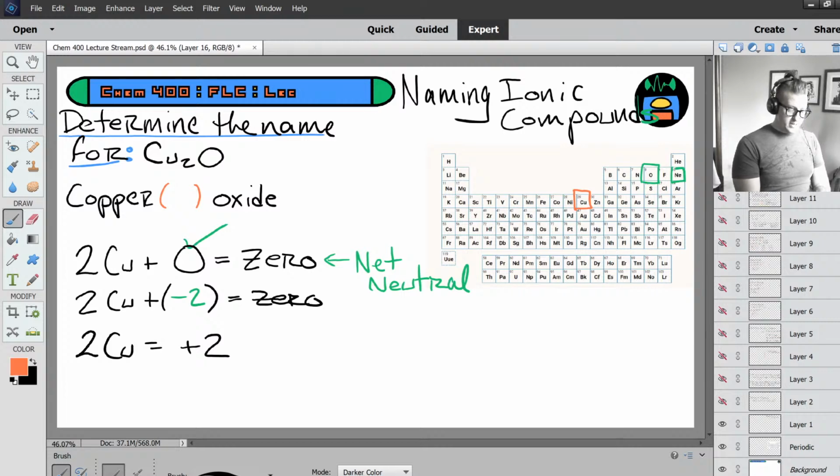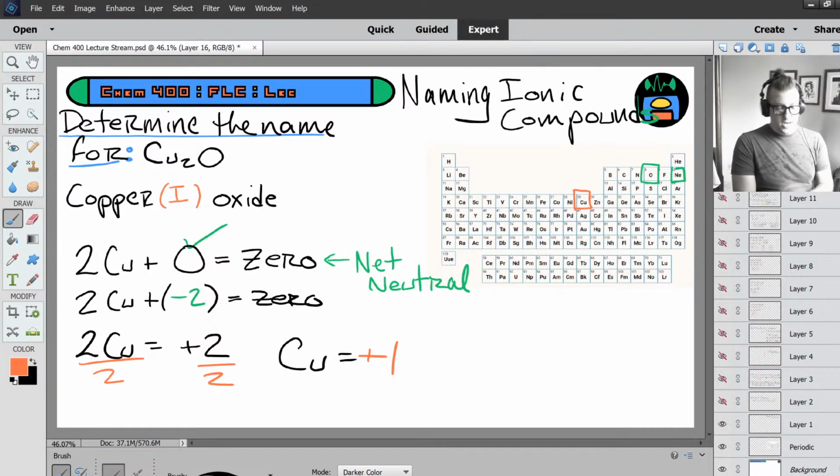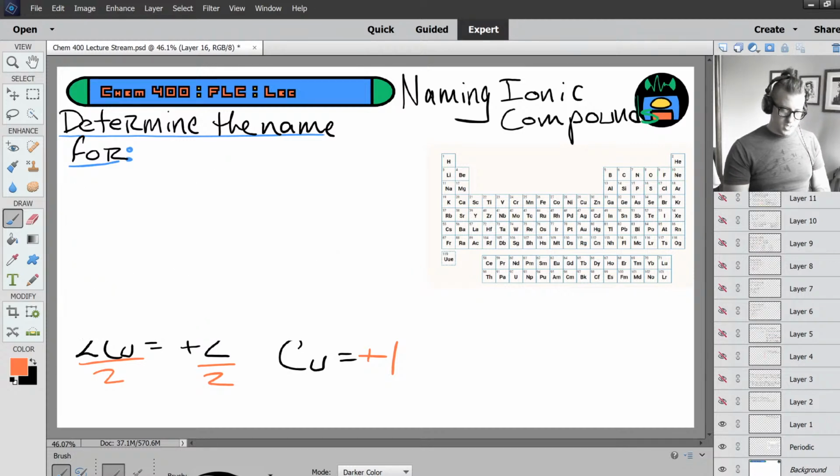And if you divide both sides by 2 here, you get a charge on copper of +1. That means that the name of this compound is copper(I) oxide. Again, not because there's only one copper atom, but because the charge on each copper cation in this compound is +1.